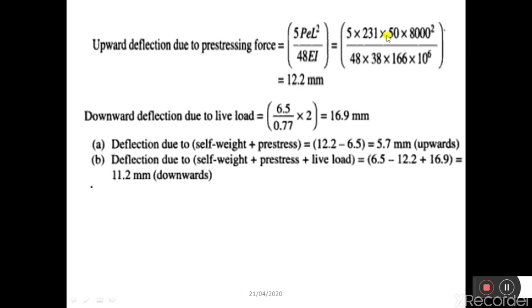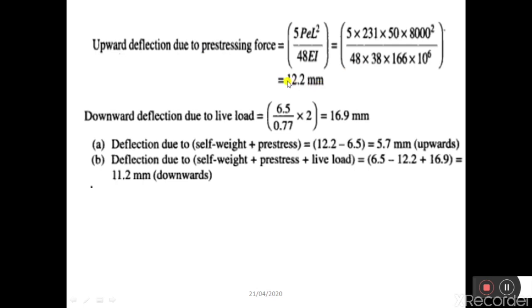So substituting the values: 5, 231 kilonewton, 50 mm is the eccentricity at the mid span, 8000 is the span of the beam, 48, and this is the rigidity modulus in terms of kilonewton per millimeter square. Therefore deflection is 12.2 millimeter.